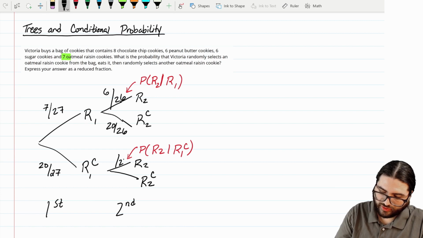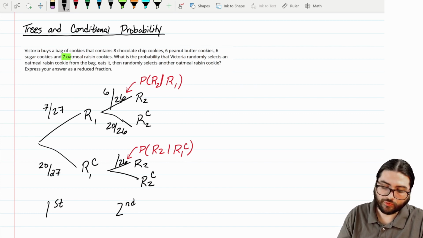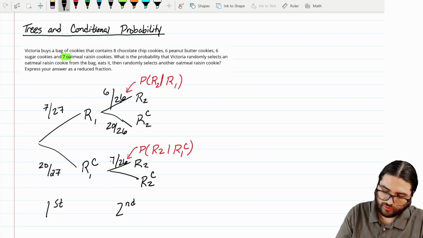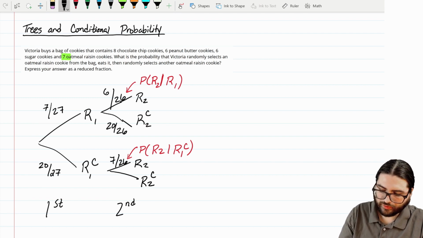That's an over 26, because I took a cookie out of the bag, but there are still 7 raisin cookies in the bag, because I didn't get one of them the first time. 7 over 26. Doing my 1 minus to give me the complement, 26 minus 7 is 19 over 26.